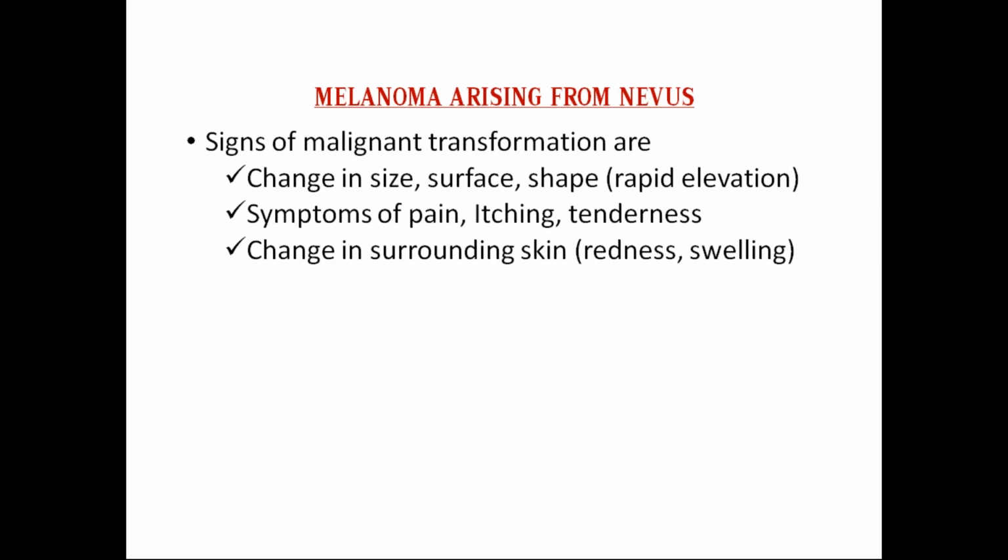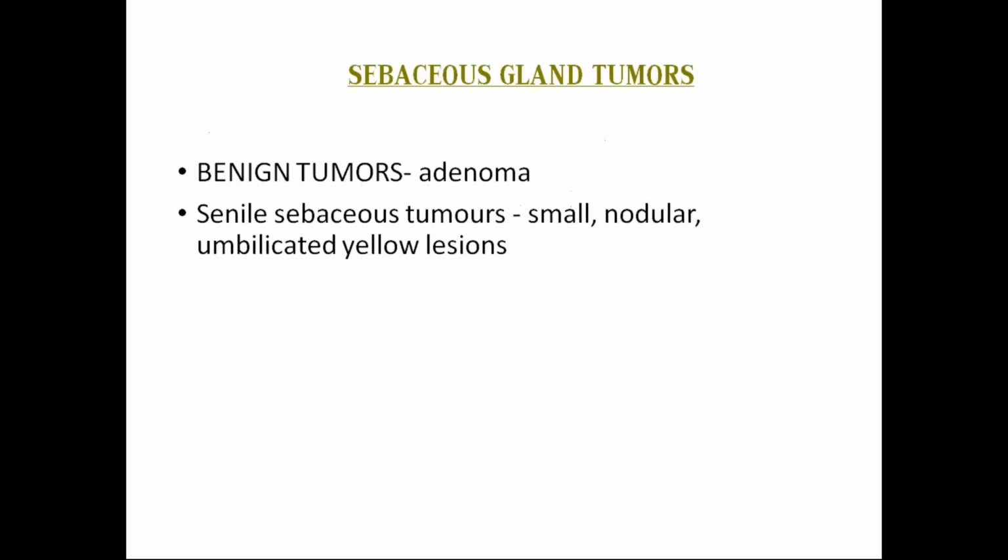What are the chances of a benign nevus transforming into a malignant melanoma? When there is a change in size, surface or shape of the benign nevus, or symptoms like pain, itching, or tenderness, and a change in the surrounding skin like redness or swelling, that indicates that the nevus is progressing into malignancy or into a melanoma.